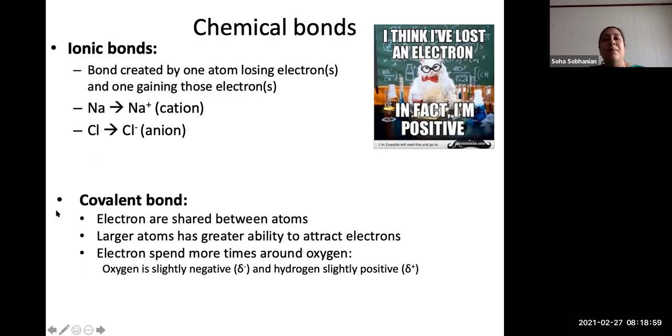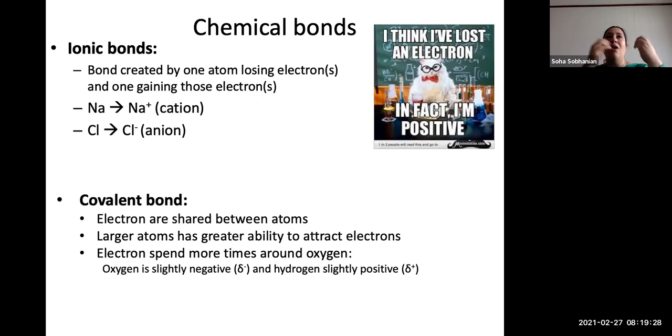So one type of chemical bond that we have is called an ionic bond. Ionic bonds is when you are dealing with electrons of 2 atoms. Let's assume you have 2 atoms, and these 2 atoms want to come together to form a molecule. One way they can do that is one atom is going to give up its electrons, and the other atom is going to pick up those electrons.